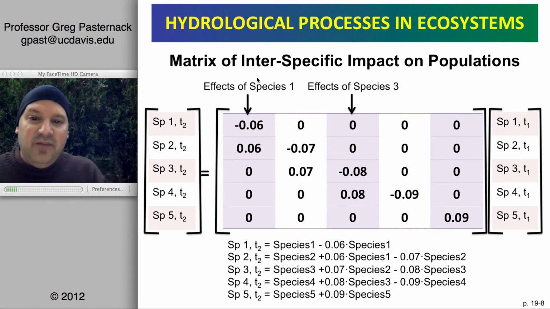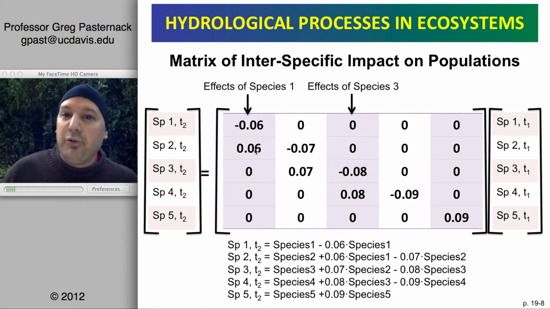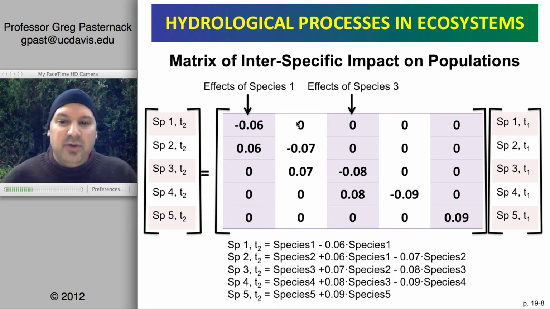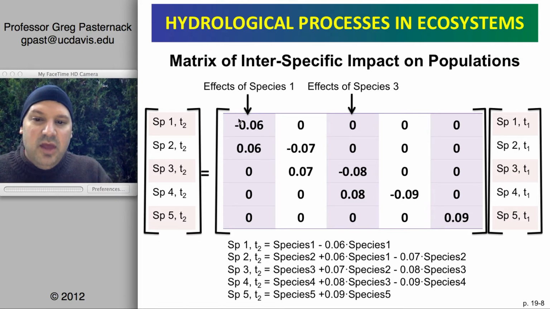However, it looks like the effect of species 1 on species 2 is to help it. So maybe species 1 is a prey and species 2 is a predator, and so then it grows. And you can see this is a very simple matrix where one species is hurting itself and it's facilitating the development of the next population, and then finally in the end the only one left is species 5, which promotes itself.